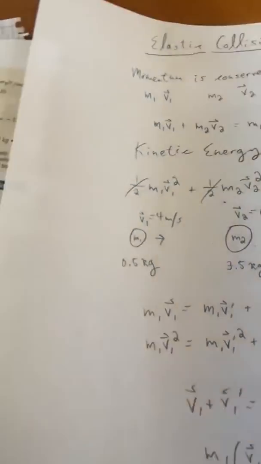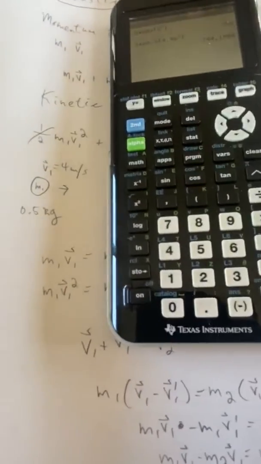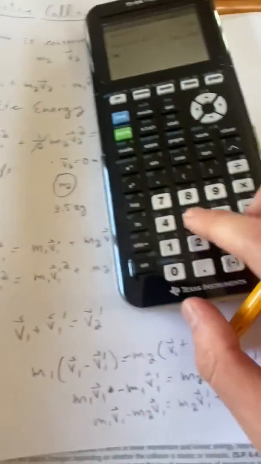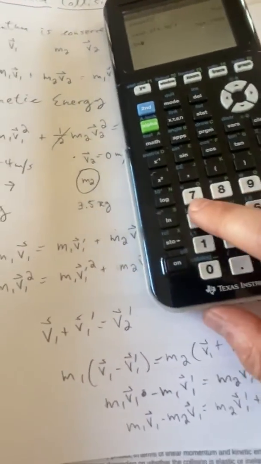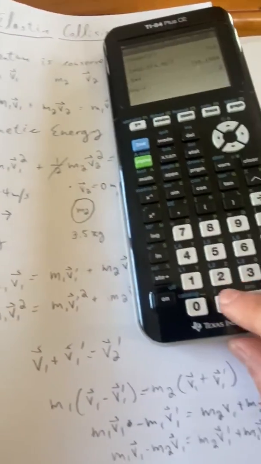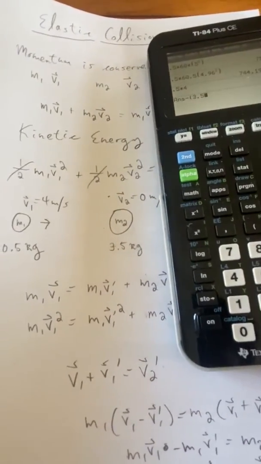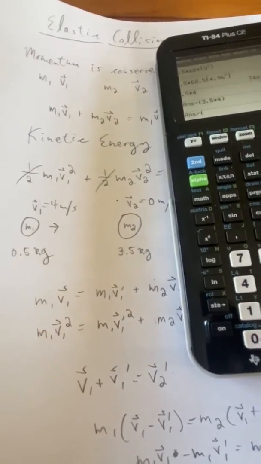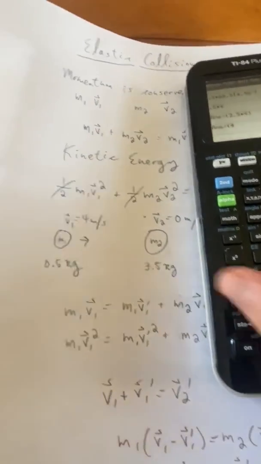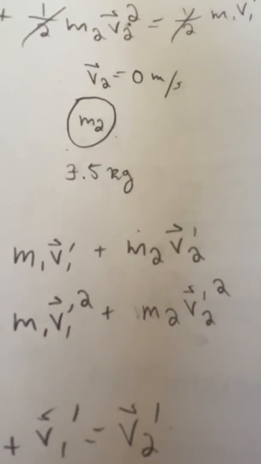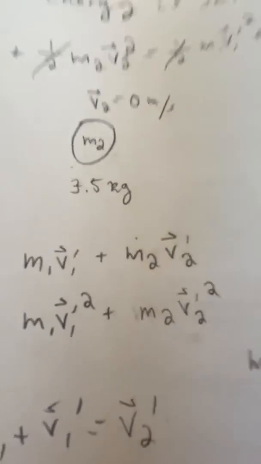So we'll do m1, which is 0.5, times v1, which is 4, minus m2, which is 3.5, times v1, which is 4, okay? And then we're going to divide by m1 plus m2, so that's 4. We divide by 4, and so we get that v1 prime is -3 meters per second, okay?